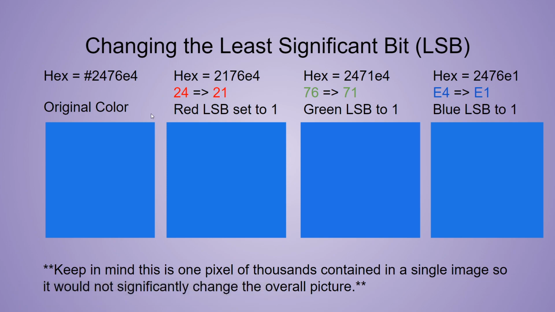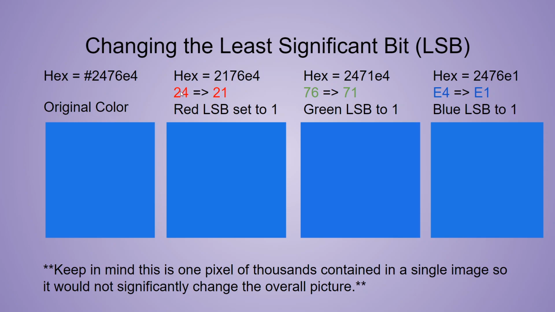When I mentioned the least significant bit of a pixel, what I was getting at is that we could take the original color here, 24, 76, E4, and change either the least significant bit of the red, green, or blue.